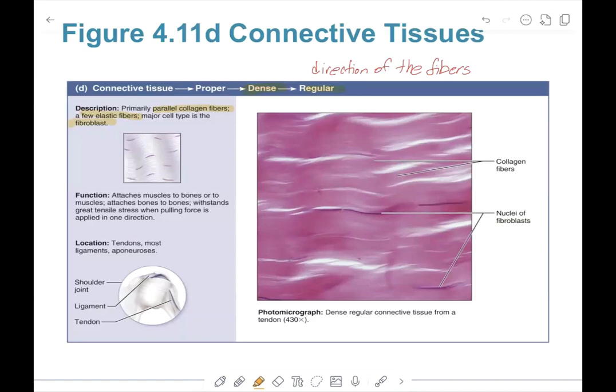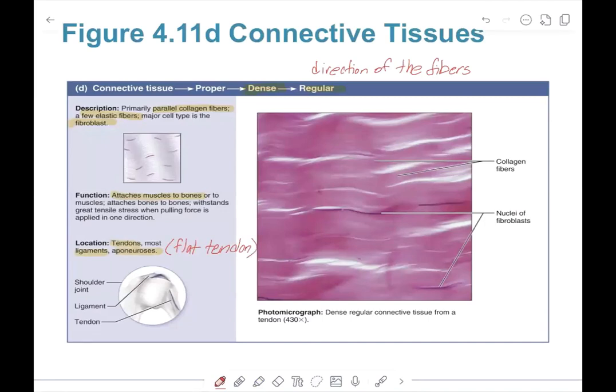Their function is that they attach to muscles and bones. So we would find them in tendons, ligaments, and what are called aponeuroses. And aponeuroses is a new term. You'll see it again when we get to chapter 10, but it is a flat tendon.